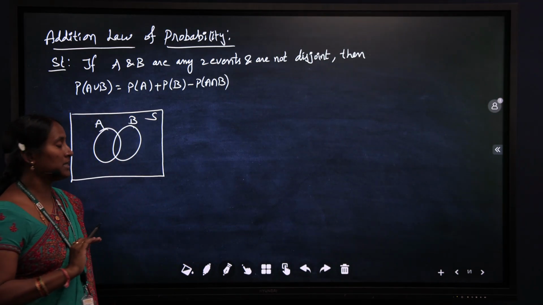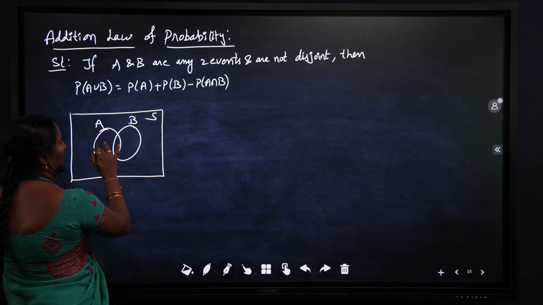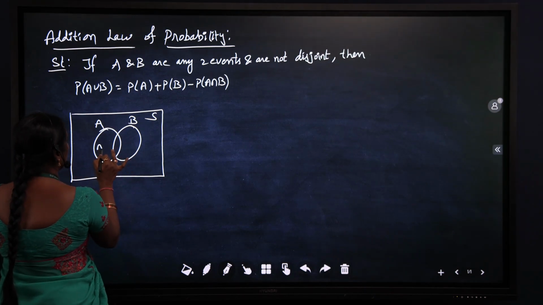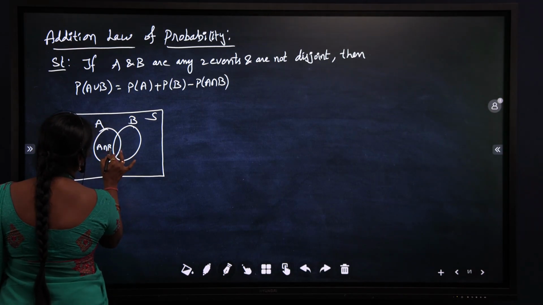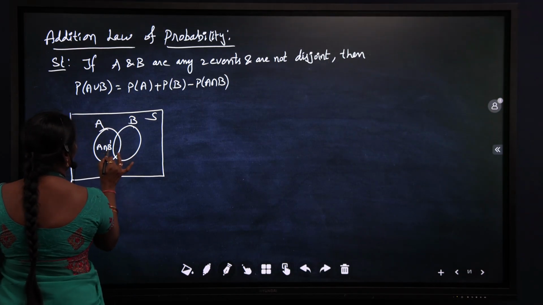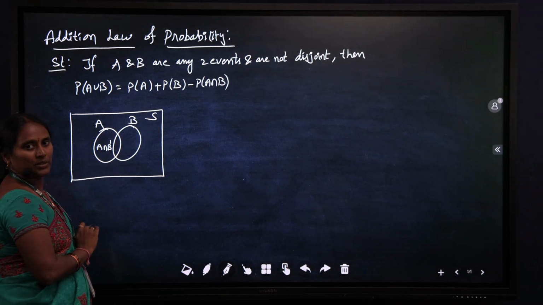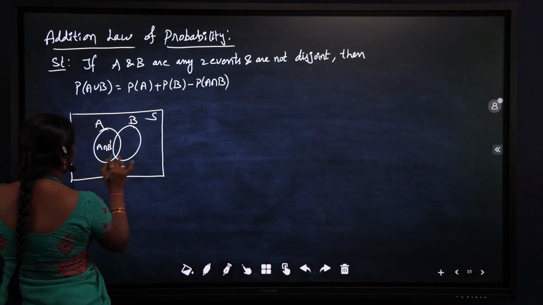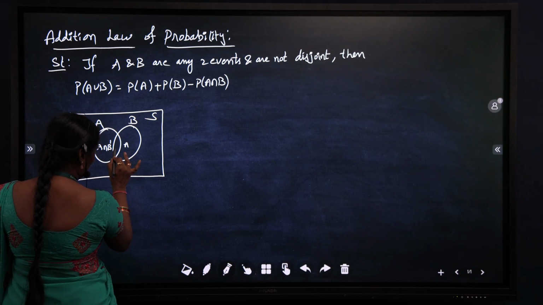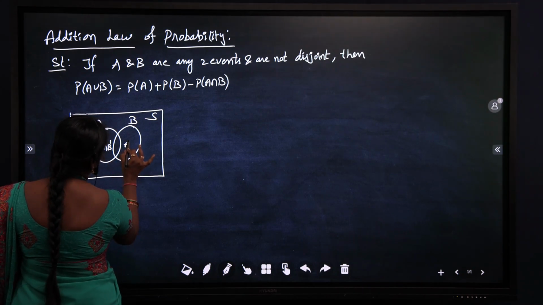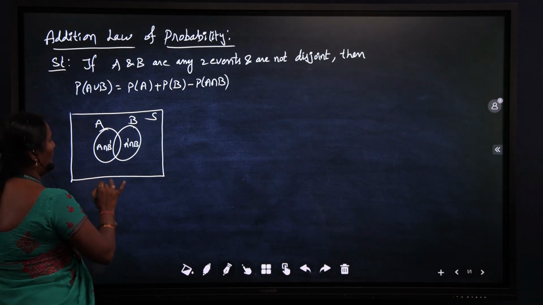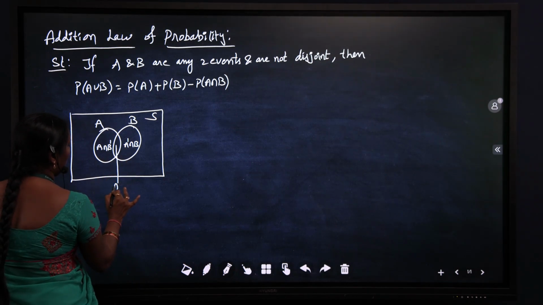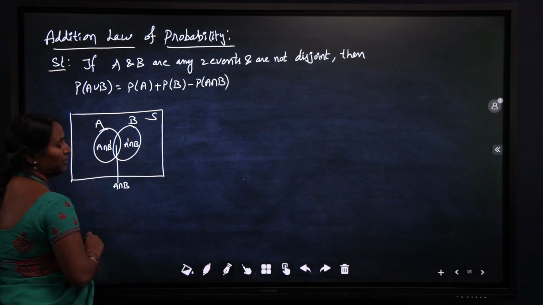The elements in A but not in B we represent as A intersection B bar, which means the elements are not in the set B. This region we call A bar intersection B, which means the elements not in the set A. And the common elements are A intersection B.